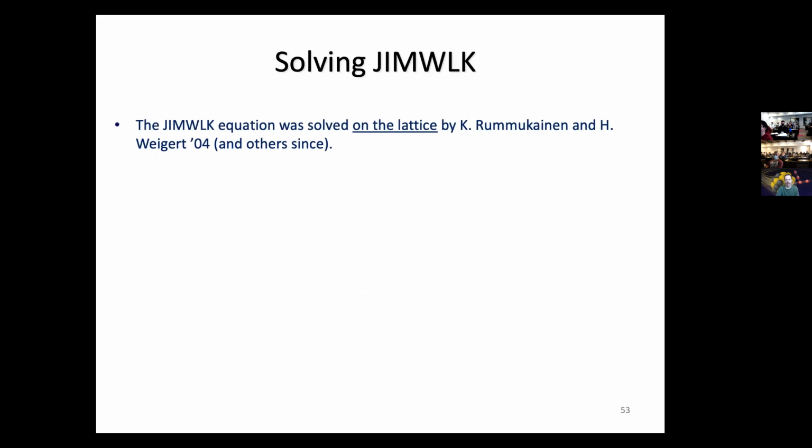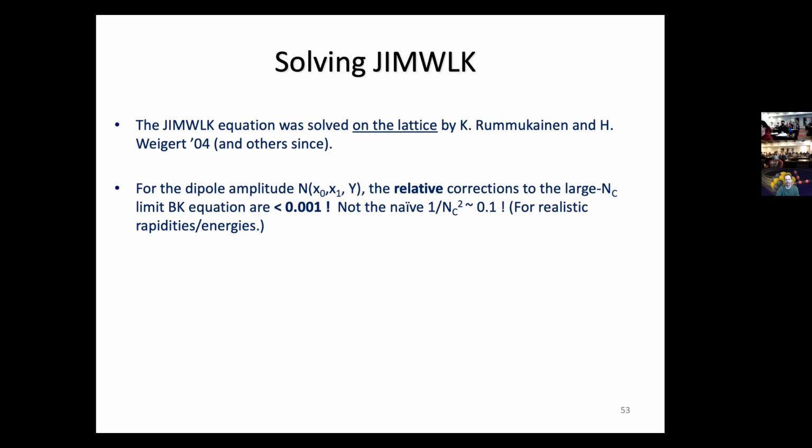Bottom line is, if one is interested in the dipole amplitude, one can take the large NC limit, solve the evolution equation I showed you earlier, and then compare it to the JIMWLK result for this dipole amplitude.